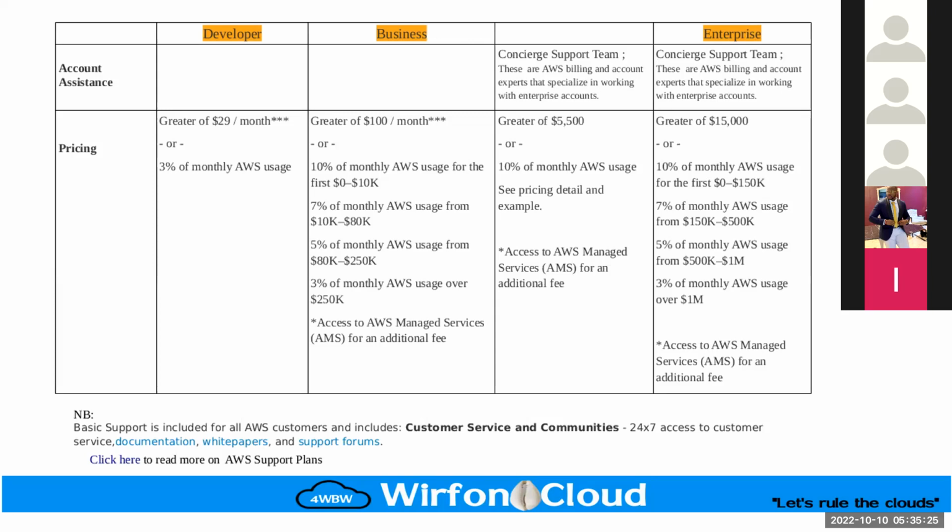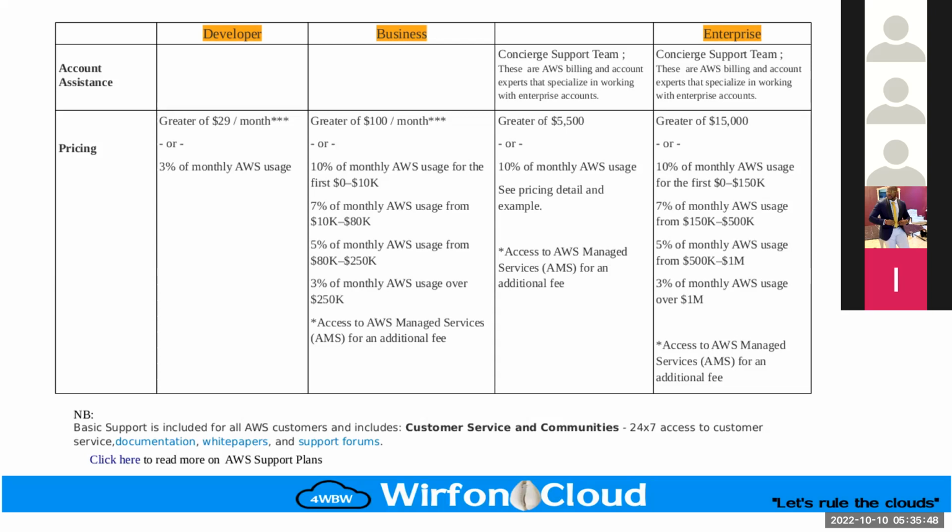Account assistance. The developer does not have this support. Business does not have this support. While Business On-Ramp has the concierge support team, these are AWS billing and accounts experts that specialize in working with enterprise accounts.